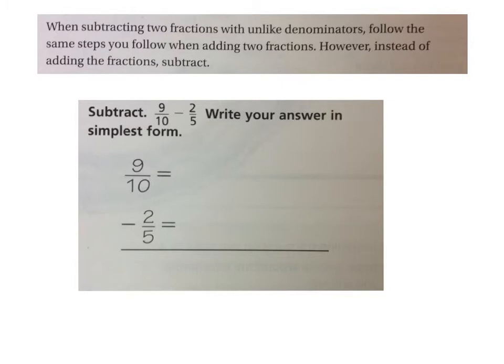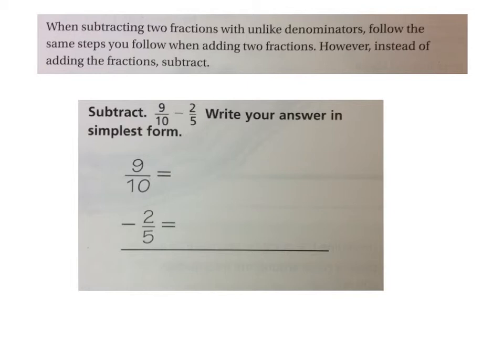This problem tells us to subtract 9 tenths minus 2/5. Right now, do we have common denominators? No. What two denominators do you see in this problem? 10 and 5.